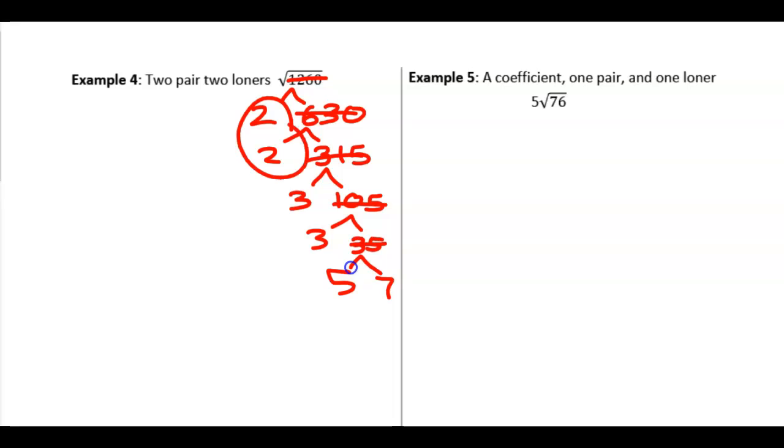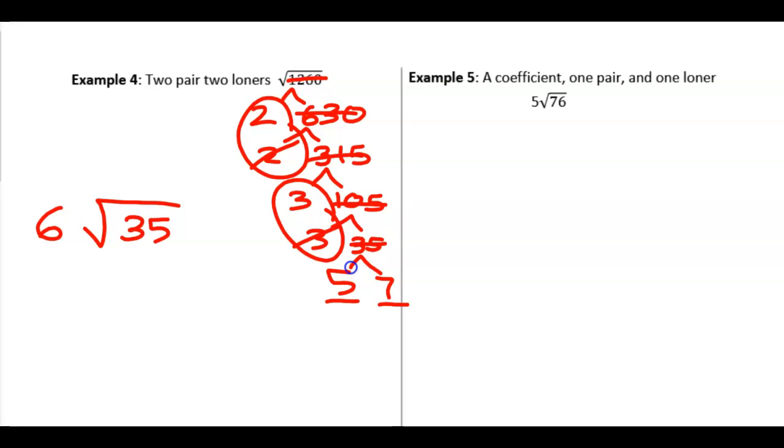Pair of 2, pair of 3, loner 5, loner 7. Now, if I have more than one pair and more than one loner, again, multiply, right? So on the outside, it's going to be 2 times 3 gives me 6, right? And on the inside, 5 times 7? 35, right? 5 times 7.